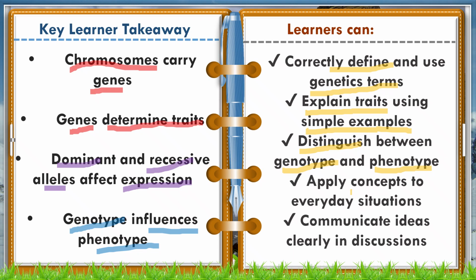The learner can apply concepts to everyday situations. And the learner can now communicate ideas clearly in a discussion. If you have not yet grasped all those items, you can go back and repeat the video and try to see that you get all those items.